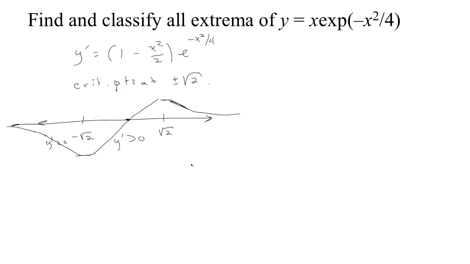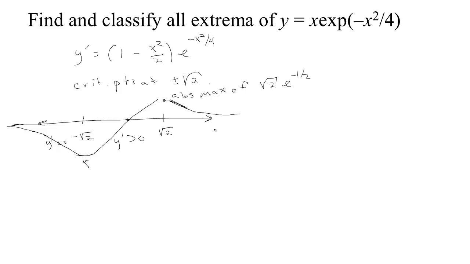So looking at that, we can tell that at root 2 there's an absolute max. And the value of that absolute max, if you plug in root 2, you're going to get x, which is root 2. Root 2 squared is 2, so we get root 2 e to the negative 1/2.